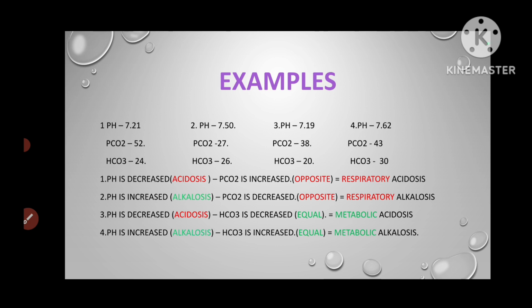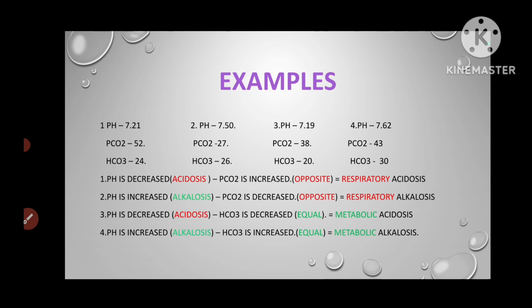The carbon dioxide value is 27 only, lesser than the normal value of 35 to 45. Now we will compare pH and PCO2 value. pH is increased and PCO2 is decreased, which indicates both are in opposite direction. One is increased and one is decreased.